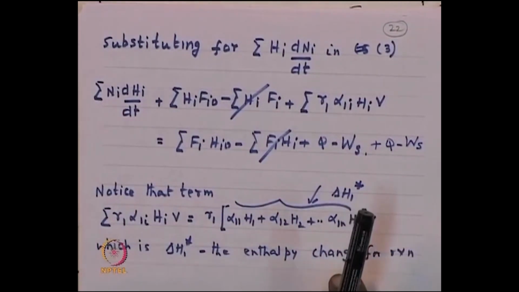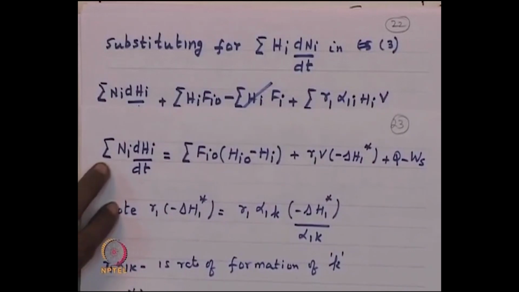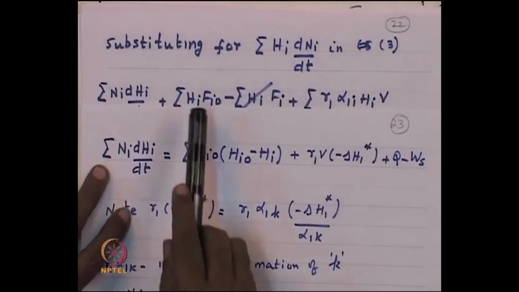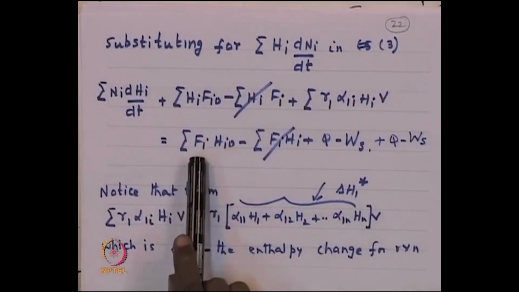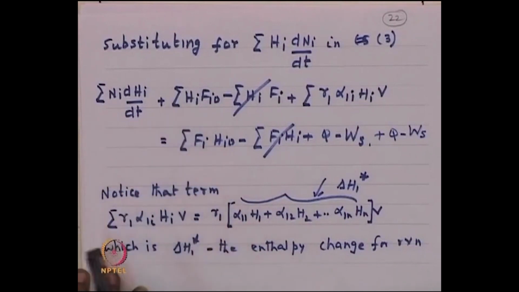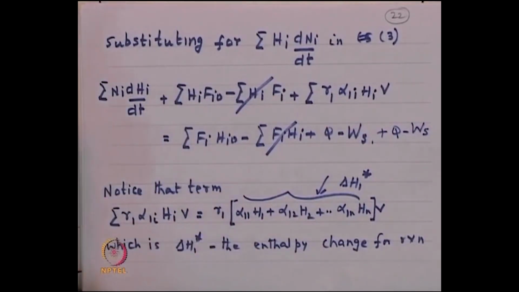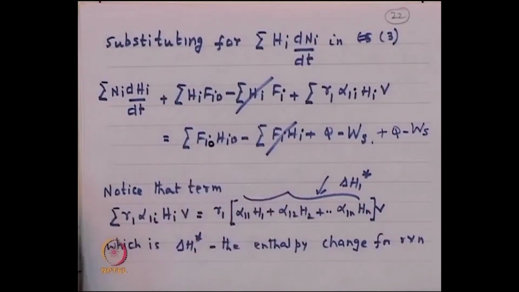So, how the energy balance looks like now is, it is N_i dH_i by dt, the first term. Second term H_i f_i0, H_i f_i0. So, you can combine these two terms. I have missed a term here, f_i0 should be f_i0, sorry.